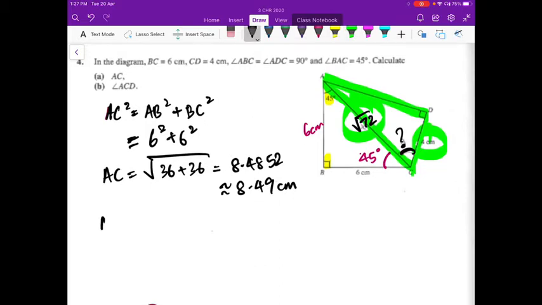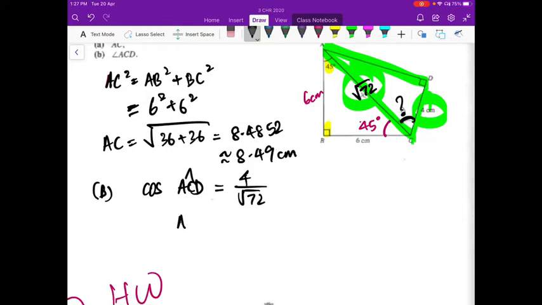So, part B, you say cosine? Cosine of the angle ACD. Adjacent 4 over hypotenuse. So our angle ACD will now be, like what Aloysius said, cosine inverse 4 over root 72. You use the inverse when you're trying to find angle.